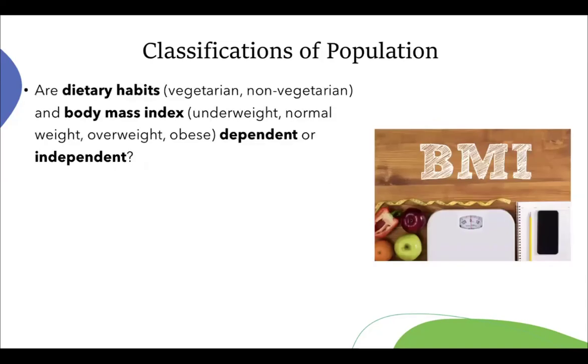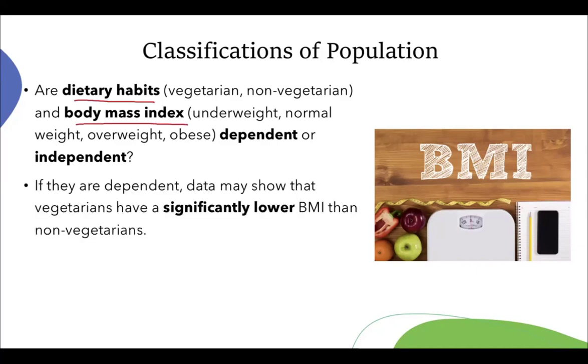Okay, and let's look at another example. Dietary habits. If you are a vegetarian or non-vegetarian and your body mass index, underweight, normal weight, overweight, or obese, are these two classifications dependent or independent?